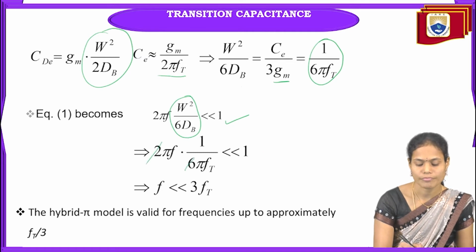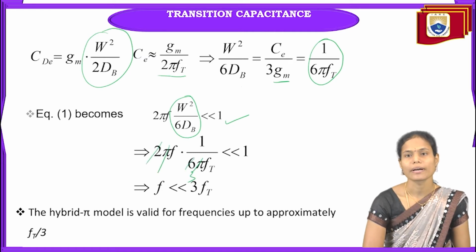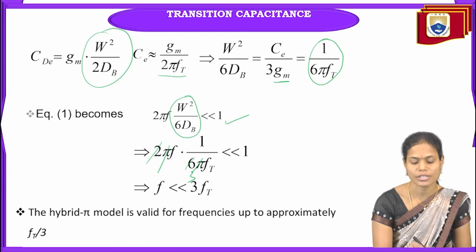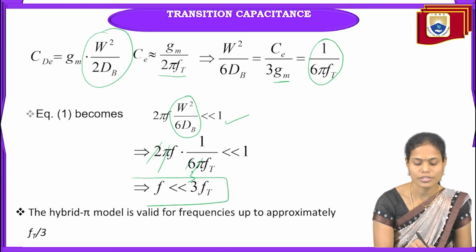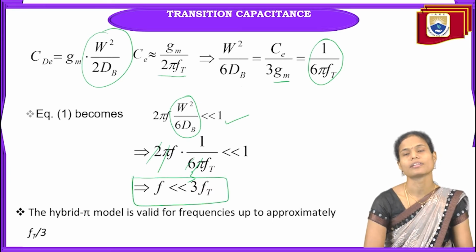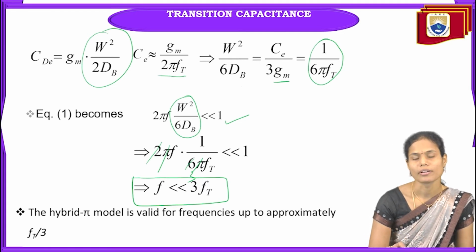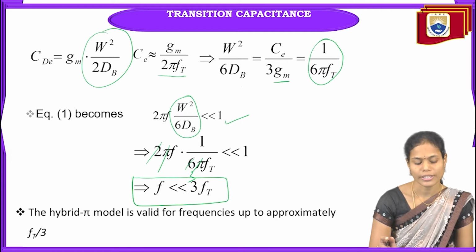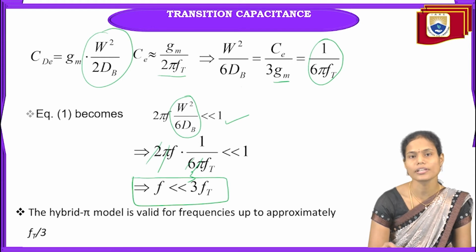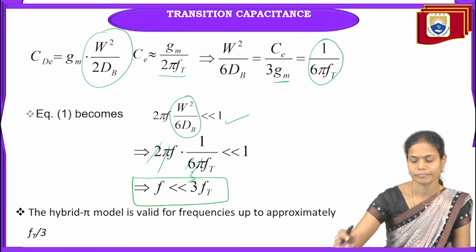Here 2, 3 of pi will get cancelled. From this we can write frequency should be far less than ft by 3. So the hybrid pi model is valid for frequencies up to ft by 3 only. It can access the signal till the transition frequency by 3 range only.